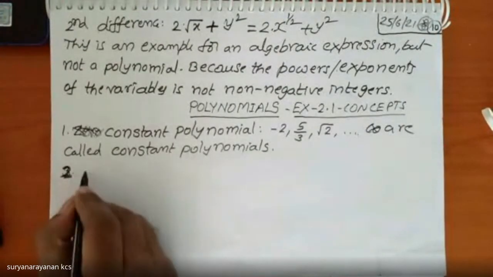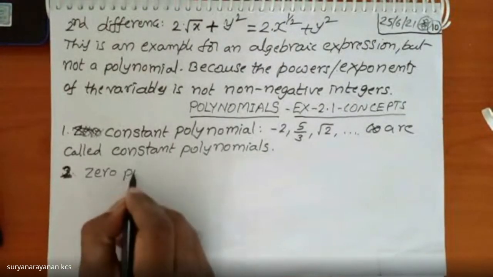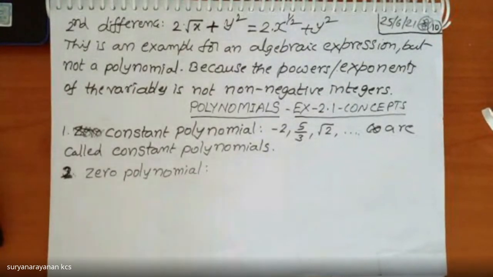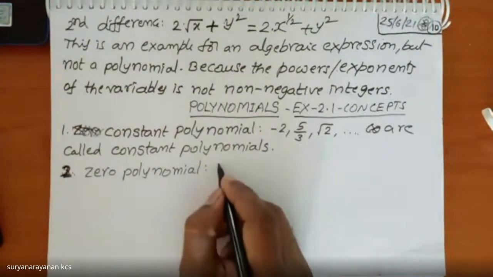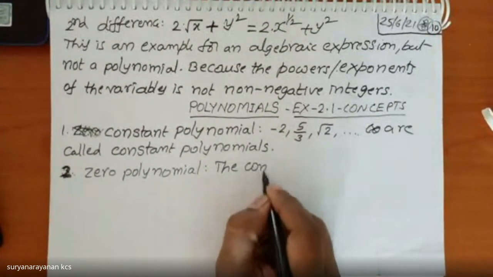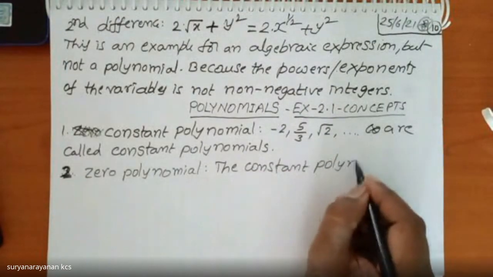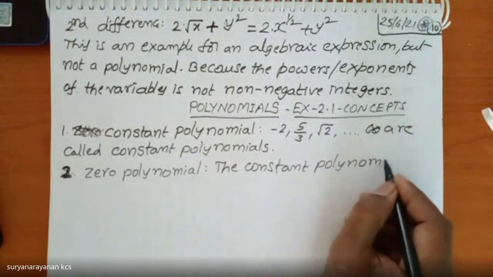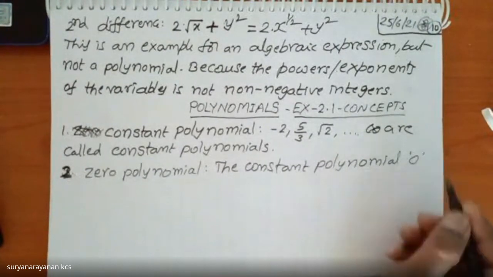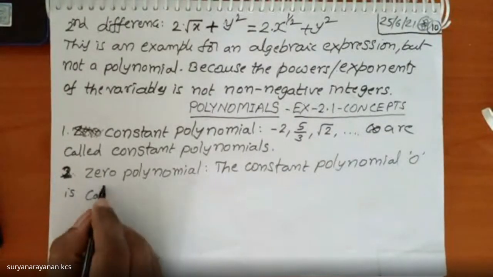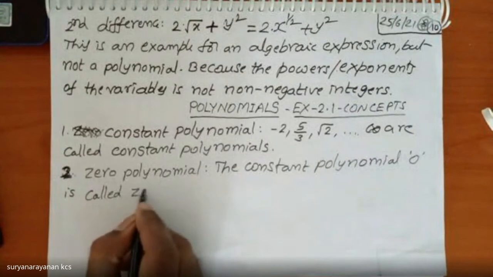Next, zero polynomial. What is meant by zero polynomial? The constant polynomial zero is called the zero polynomial.